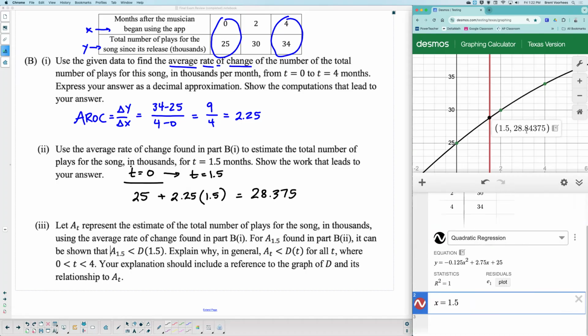That's what the model's predicting. Which one's smaller, this number using the average rate of change or this number using the model? Average rate of change. That's what it says. The average rate of change is less than D for 0 less than t less than 2. Explain why that is.